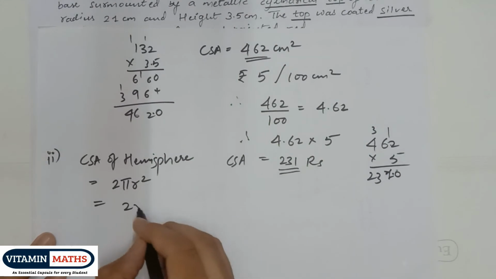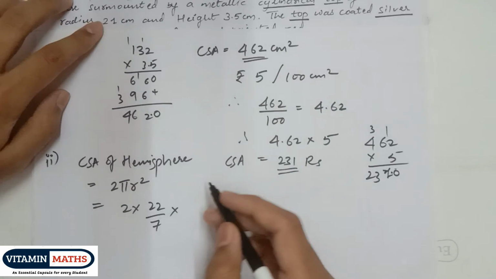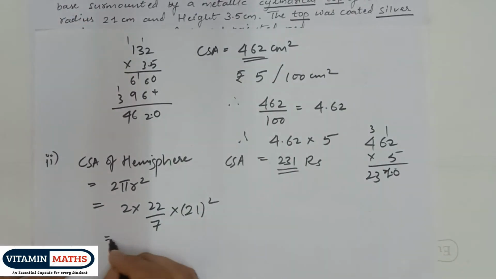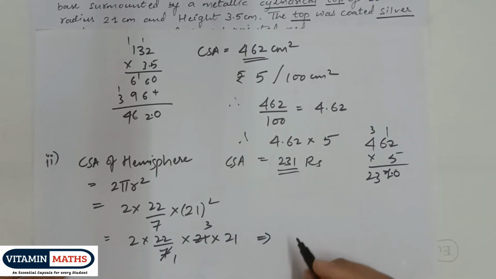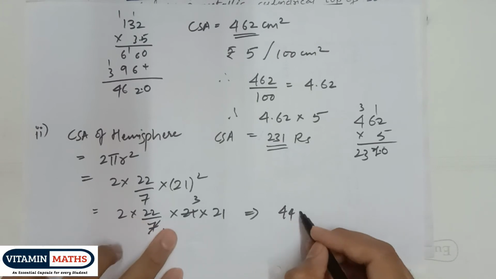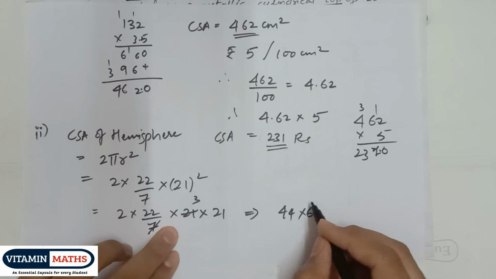So let's multiply 22 by 7. Since the radius is the same, 21 square. So that is equal to 2 into 22 by 7 into 21 into 21. 7 ones are 7, 7 threes are 21. So this implies 22 twos are 44. So 44 into 3, 21 threes are, so that is 63.